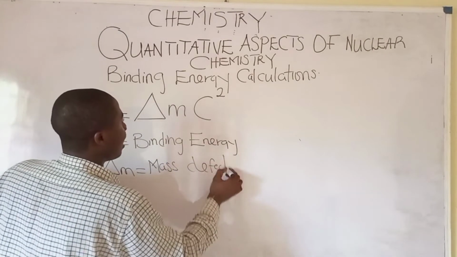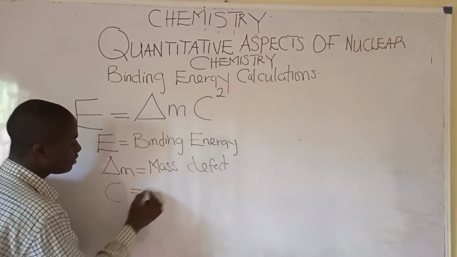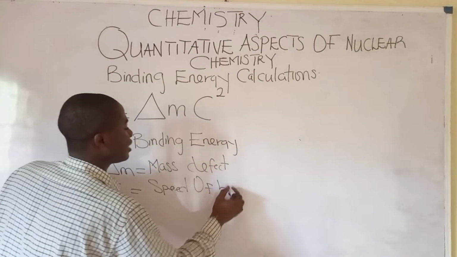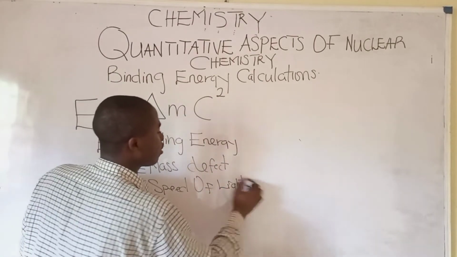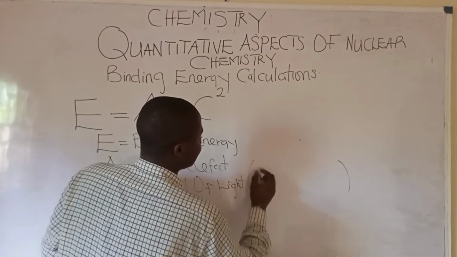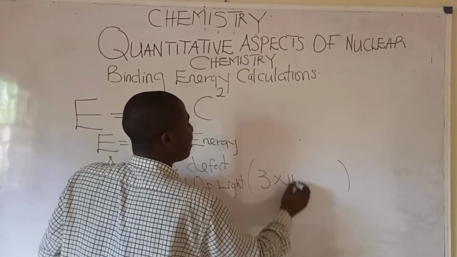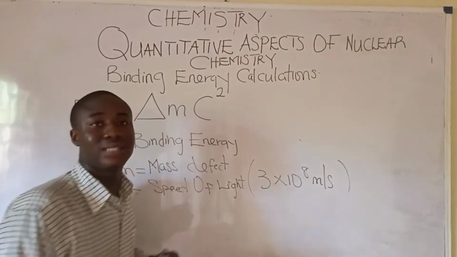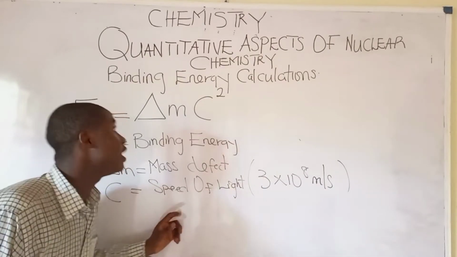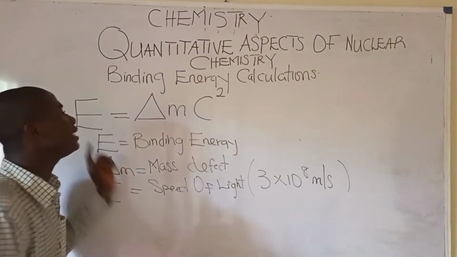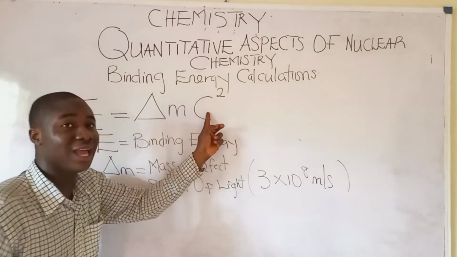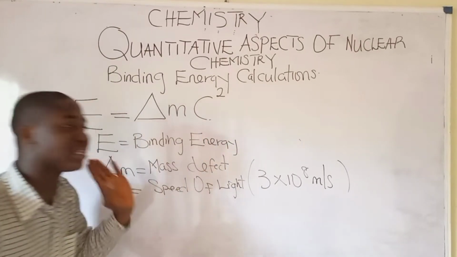And c is the speed of light. Speed of light is a constant, and what is the constant for speed of light? It is 3 times 10 raised to the power of 8 meters per second. So this is the value for the speed of light. So you can see here, binding energy is equal to the mass defect times the speed of light squared. We square the value for the speed of light and we'll get our answer.